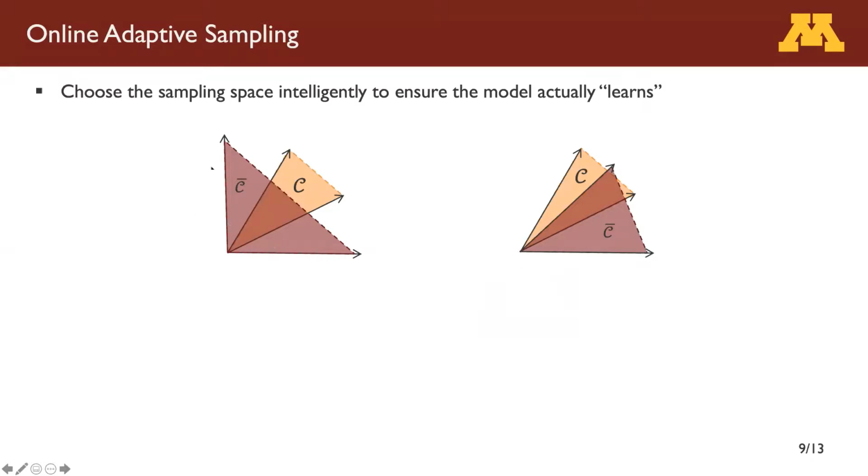Either the cone from this new experiment looks like this, which does not reduce the size of the cone script C, or it can look like this, in which case, after we take the intersection of these 2 cones, script C will become smaller. And we always want this scenario to occur. So in other words, what we want here is that the intersection of these 2 cones, script C and script C bar, should be a strict subset of script C.